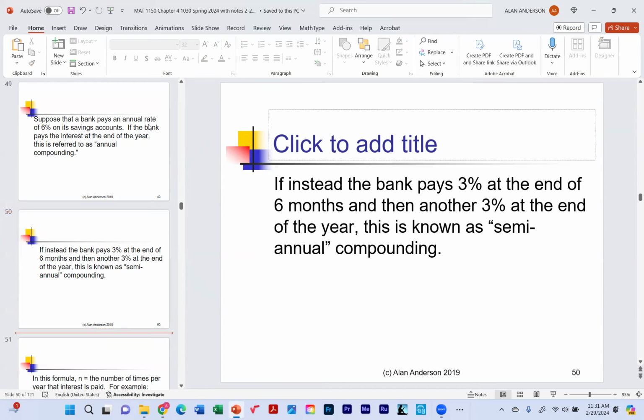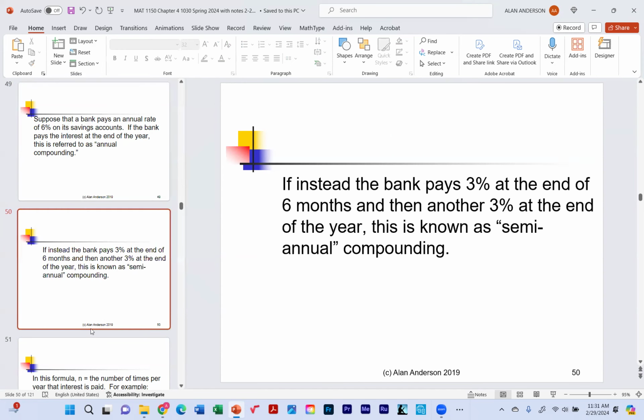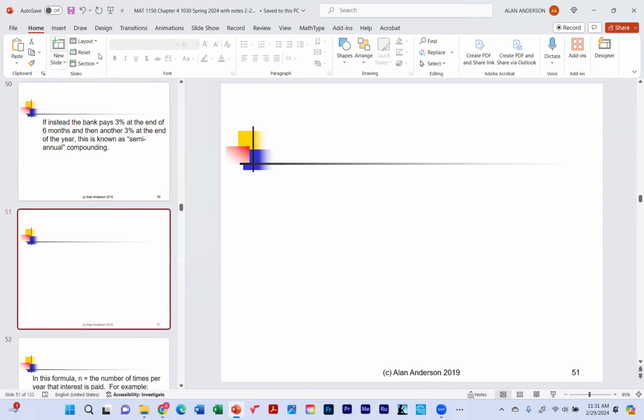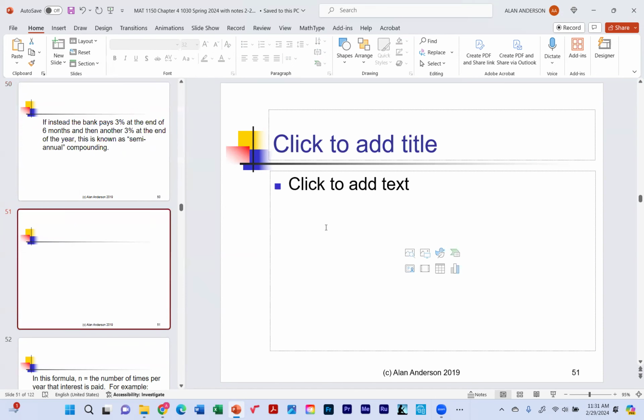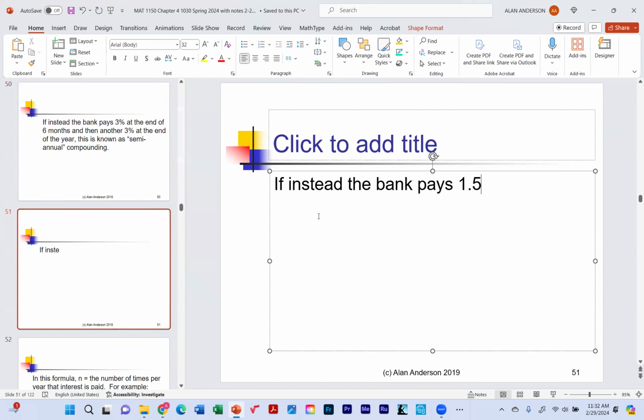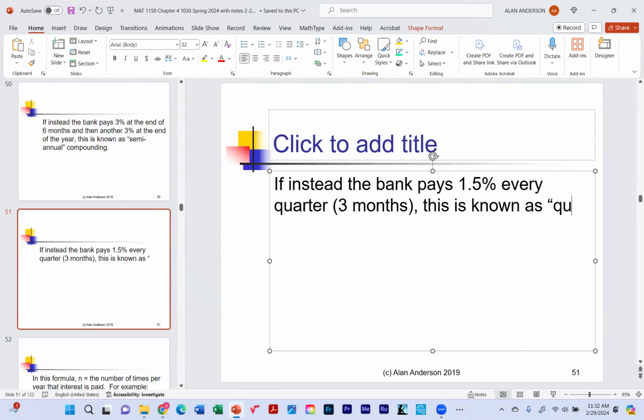And then, you can start to see where this is going. There's so many possibilities. What if the bank pays every quarter, which is 3 months? This is known as quarterly compounding.